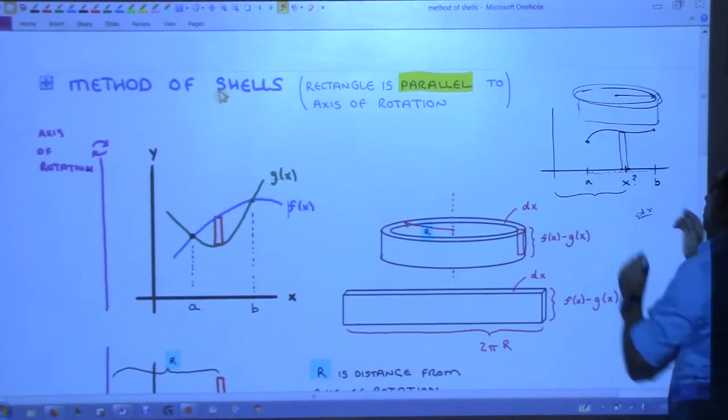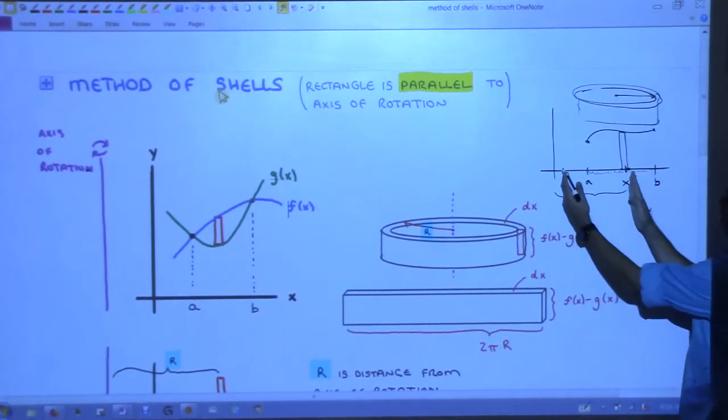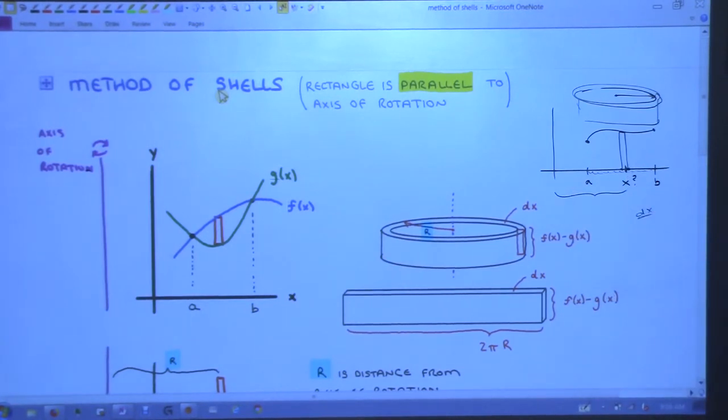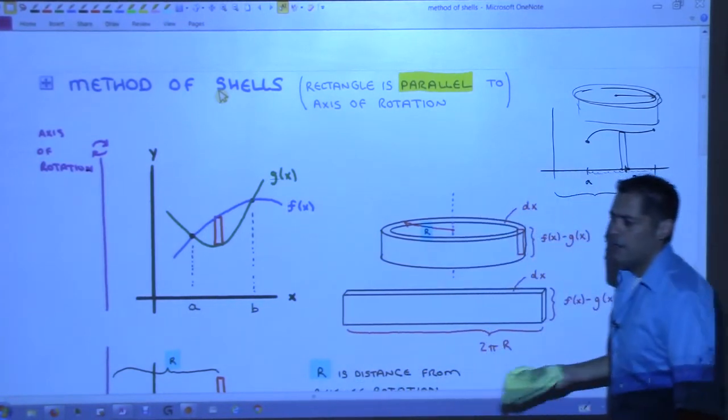In this particular problem, that's x. But it's not always going to be x. That's what we're going to see in part B. It's going to change. Does that help clarify it? Anyone else have a question on that?